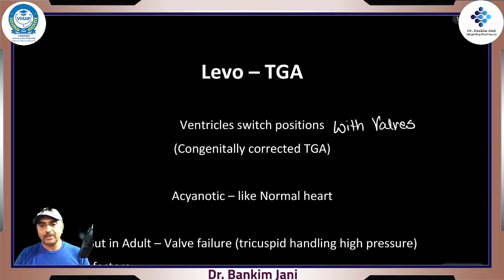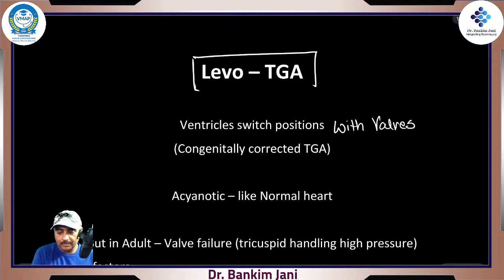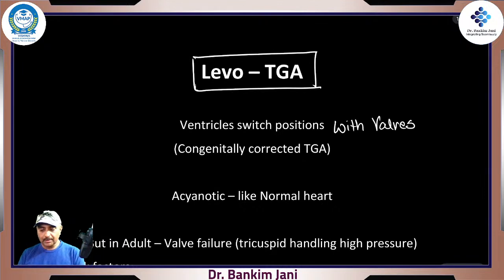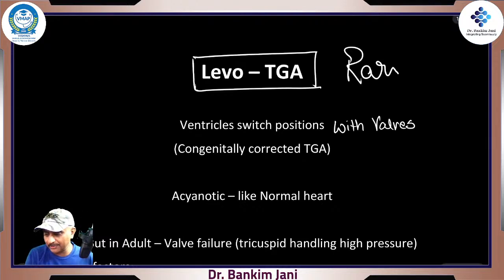Okay. So we talked about dextro TGA. Now we talk about levo TGA. Now this is still amazing. I should not use the word amazing because this is dangerous, but this is very rare. This time, the ventricles switch position.